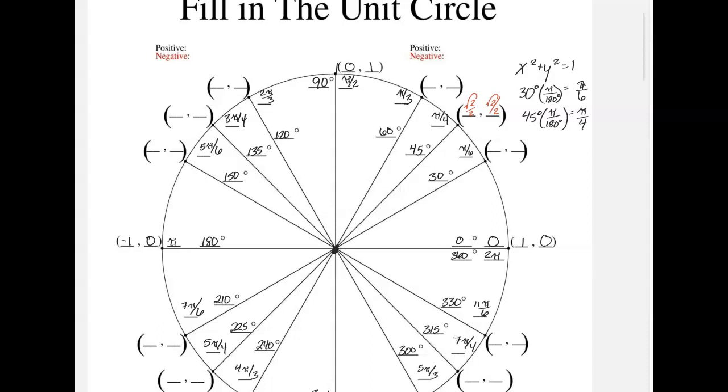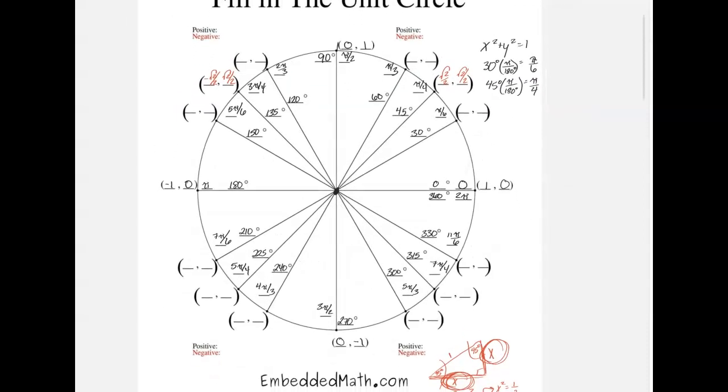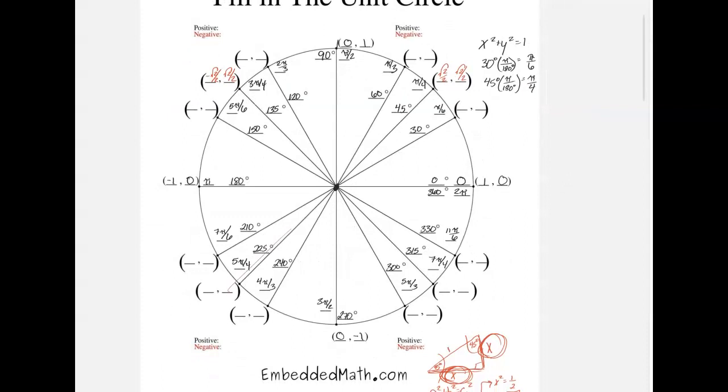If I were to reflect this along the y-axis here, then this is going to become a negative x value and a positive y value. If I flip down here, so I'm taking this point, flipping it over the x-axis, that's going to become a negative x and a negative y.